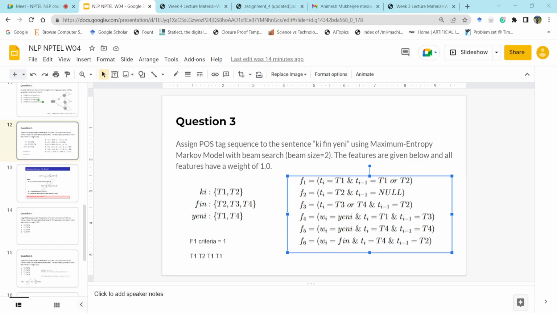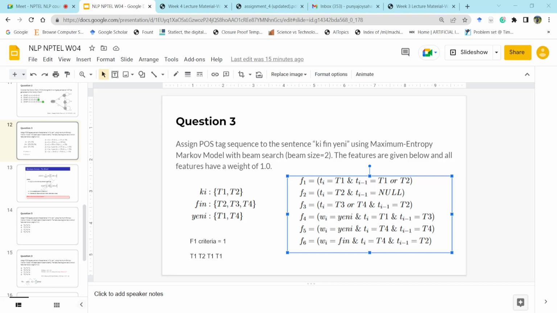So that relation cannot hold. Then the next one, Ti equal to T1, will also not hold. F3, Ti equal to T3, will also not hold. Then Wi equal to any, Wi equal to P: none of them are true.